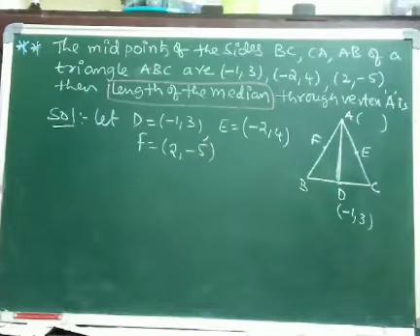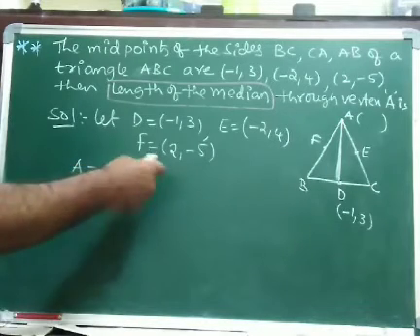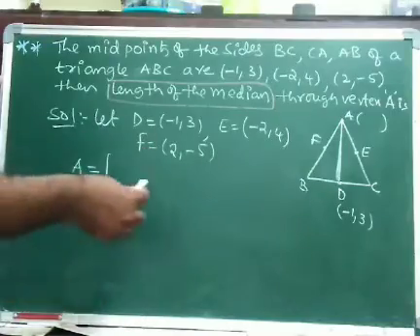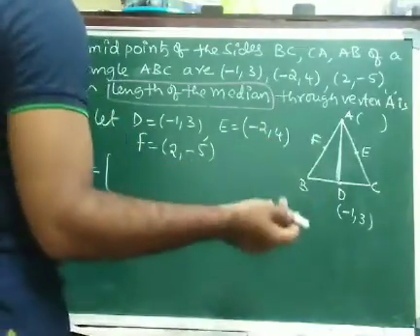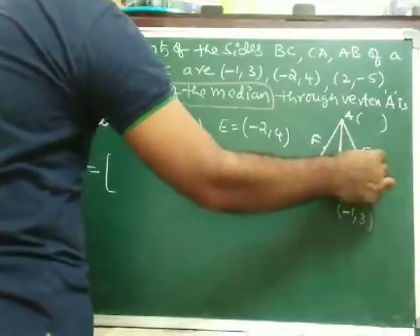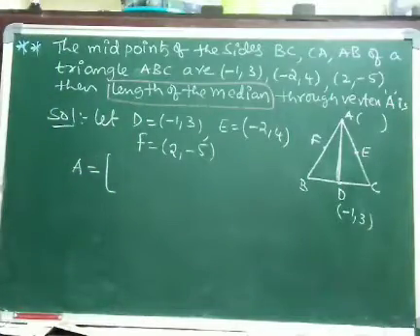But we don't know here what vertex A is. Can you find the vertex A when the midpoints of a triangle are given to you? Do you remember? We already discussed it in the last classes. The sum of the adjacent ones, and subtract the opposite one.